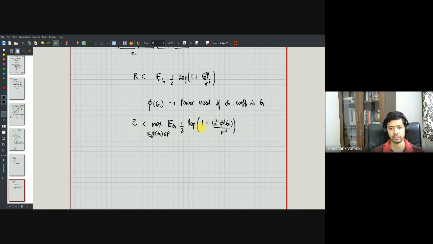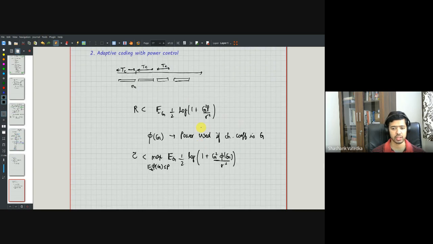All right. So all of these expressions are almost identical to what we saw in the fast fading channel, but one tiny difference is that in the fast fading channel, you would fix the rate beforehand, so you get some number over here. So let's say that this number evaluates to, say, 1.2.